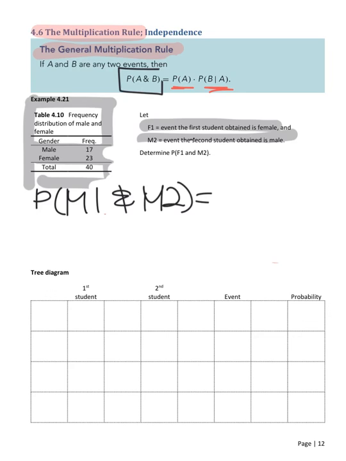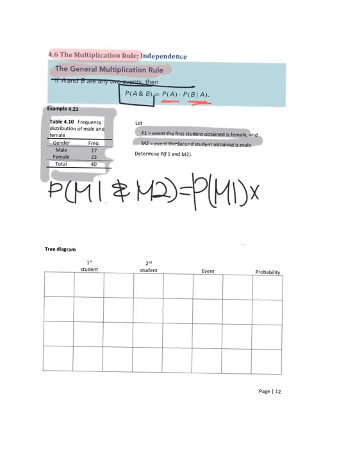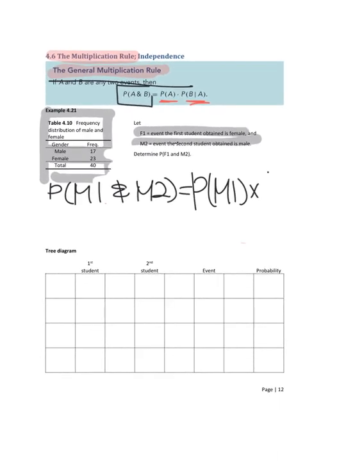The experiment is to select two students, one by one. M1, first male, and M2, second male again. By the general multiplication rule, I can split it into two parts, M1 times the probability of M2 given M1. We are going to take the two probabilities separately.